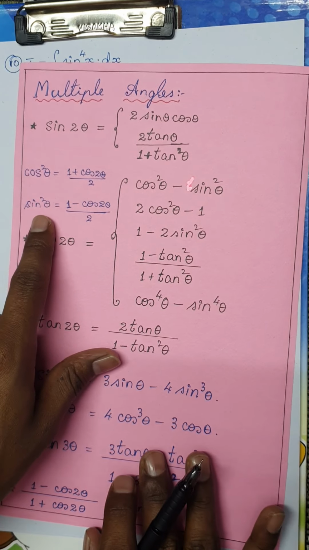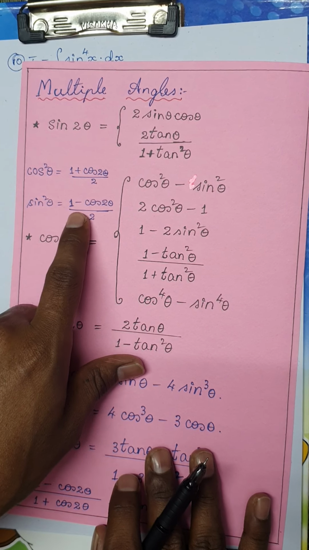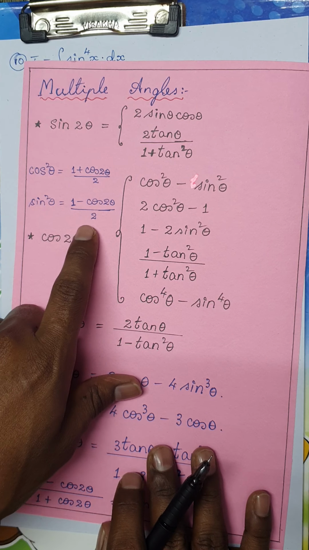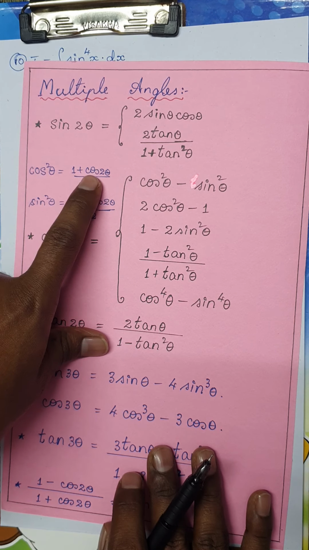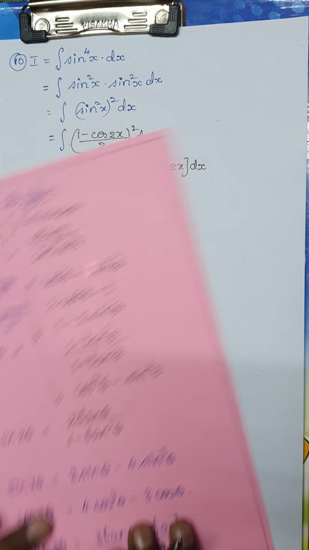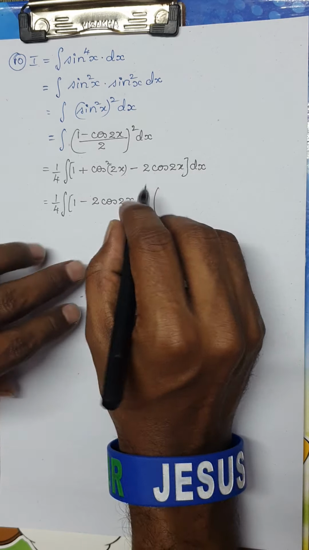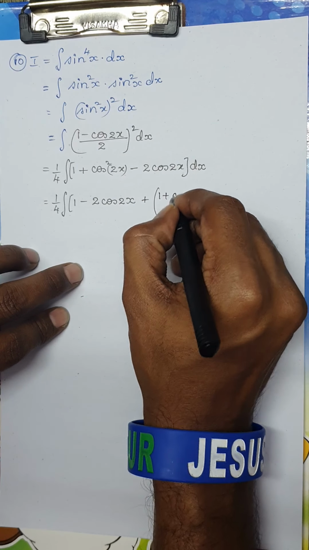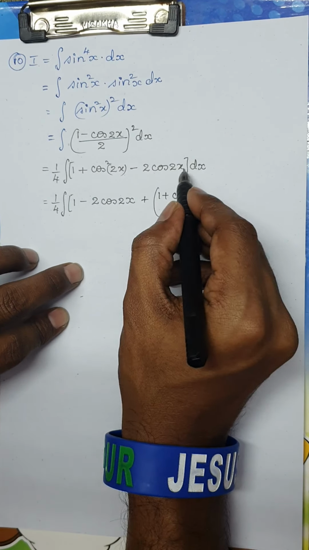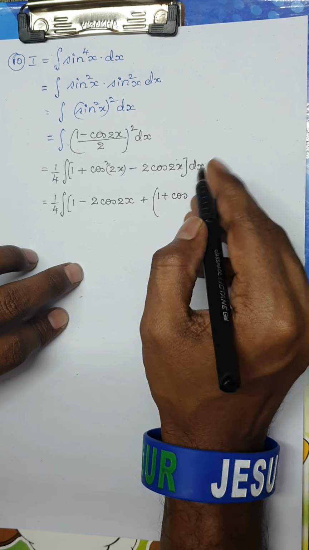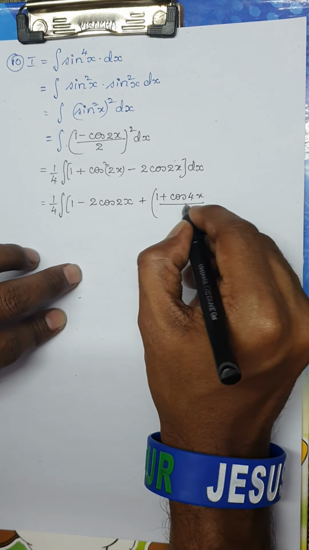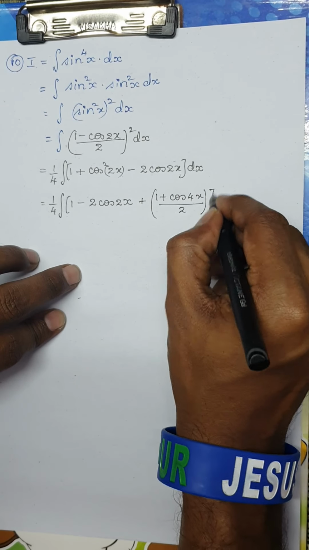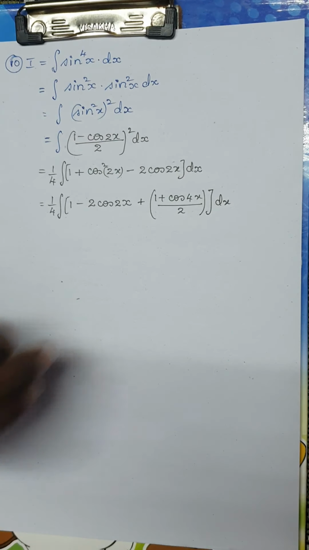I started with sin square theta by using 1 minus cos 2 theta by 2, but now I will use for cos square theta as 1 plus cos 2 theta by 2. Remember this. So according to this result, I am going to get 1 plus cos of 2 times 2x, remember 2 times theta. So 2 times 2x would be 1 plus cos 4x divided by 2 into dx.